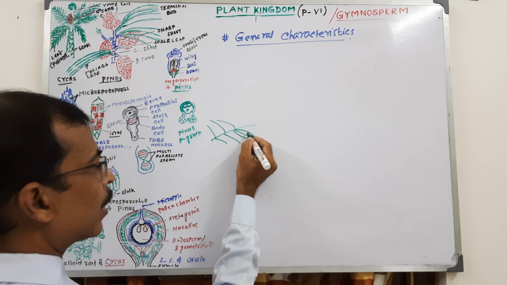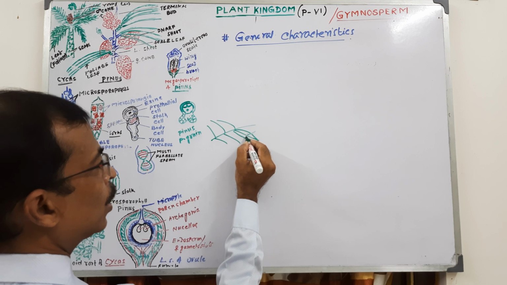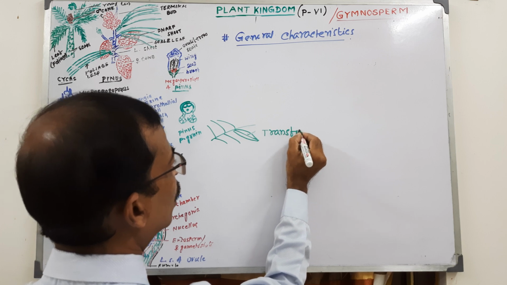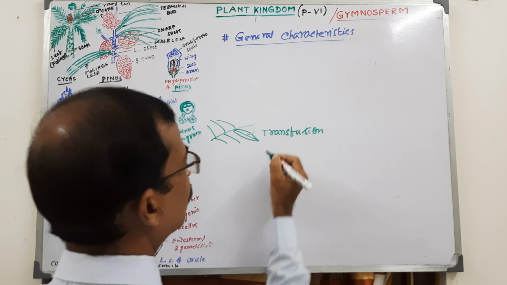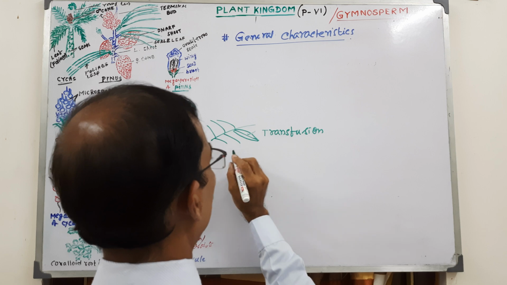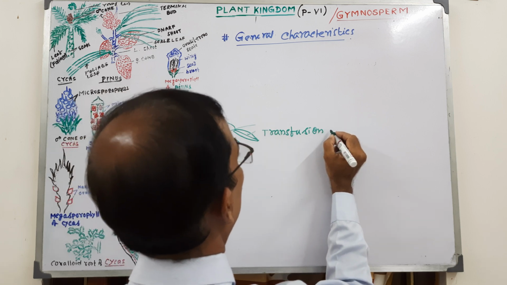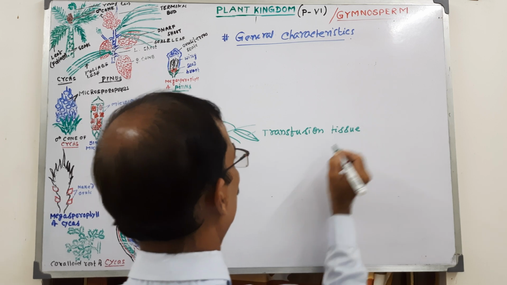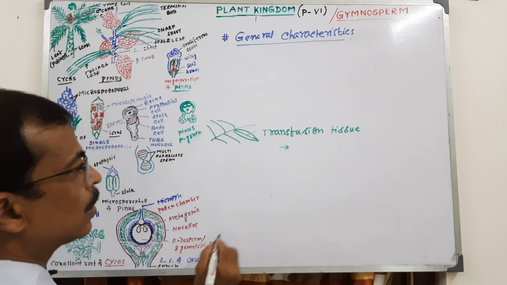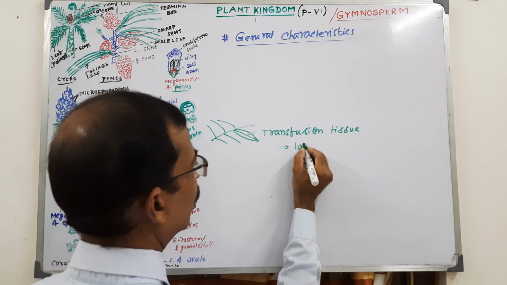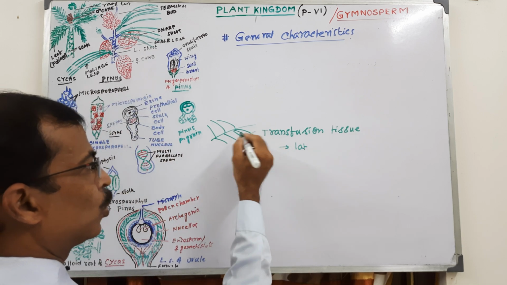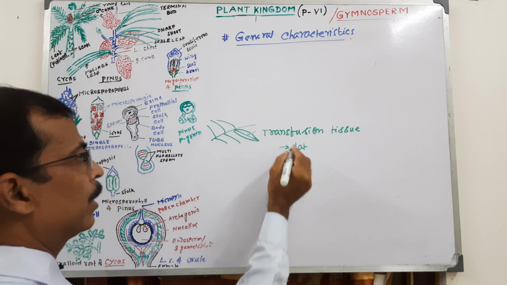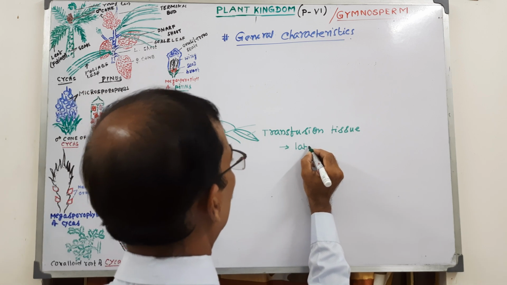Instead of veins, there exists a special tissue which is called transfusion tissue. Its function is lateral conduction.